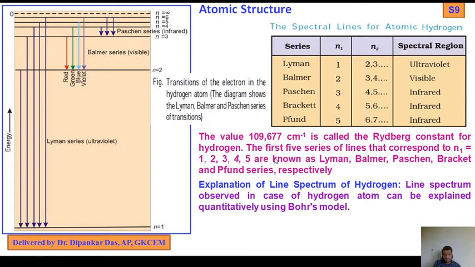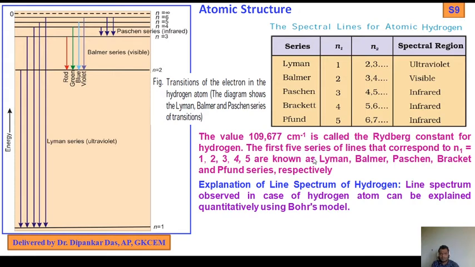The value 109677 centimeter inverse is called the Rydberg constant.